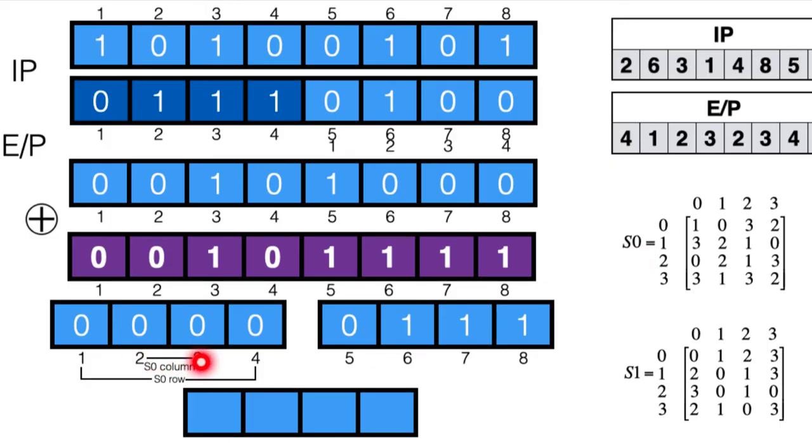And the 2 inner bits identify which column in S0 we should be looking at. Because this is 0, 0, and 0, 0, if we change them from binary to decimal, they will still be 0 and 0, which are these values, and the value in this matrix is 1.